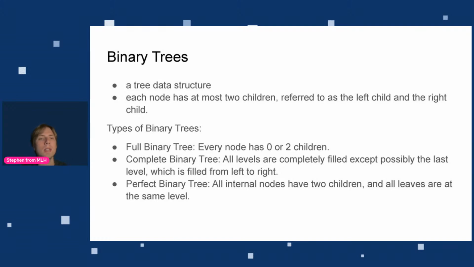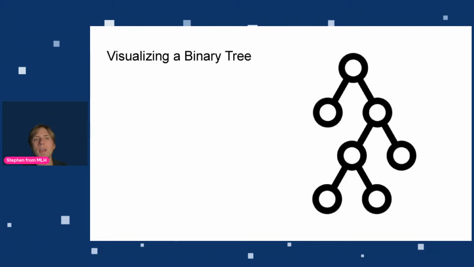We did see that it was a full binary tree because every node has 0 or 2 children. I couldn't find any nodes here that have just 1 child. So there's our binary tree example.